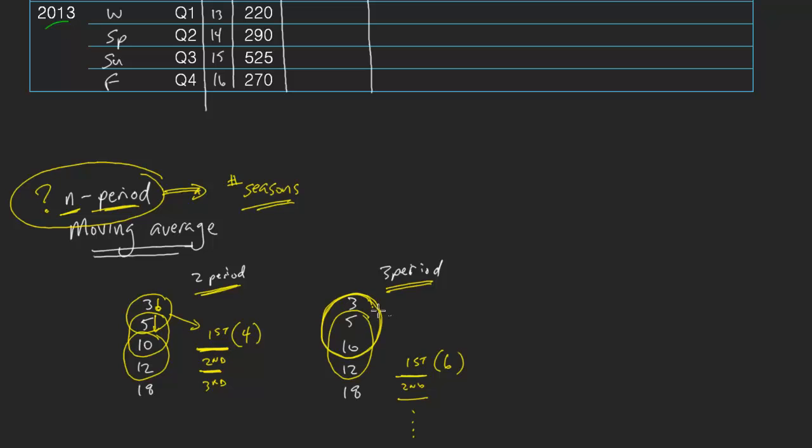Like, for example, if I have 1, 2, 3 of these in my first moving average, I then put the answer in the future. I put it in the next time period. Here I had these 2, but I put my answer, the average of these 2, in the future. So that's what we would do when we have non-seasonal data. This is not what you do when you have seasonal data.